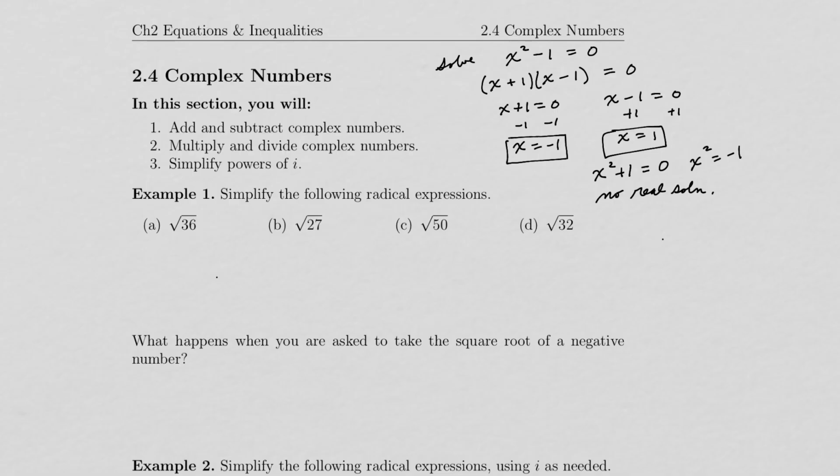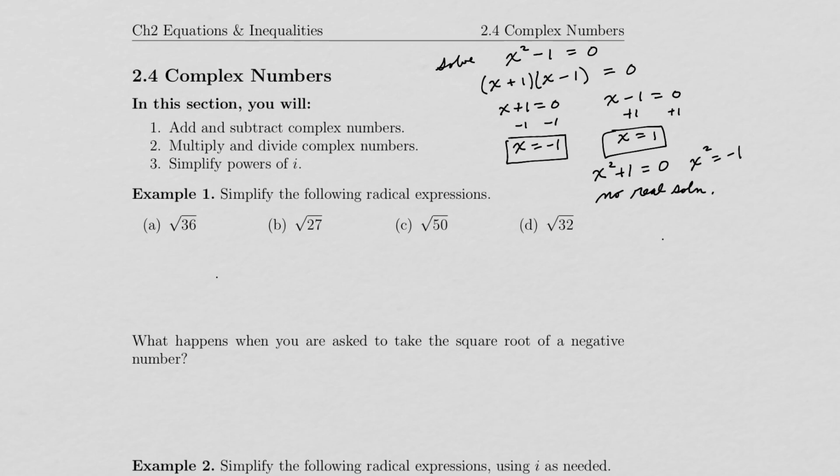It's correct that there are no real solutions, but there will be two solutions once we define what we mean by the square root of negative 1. And we'll see that in a little bit.